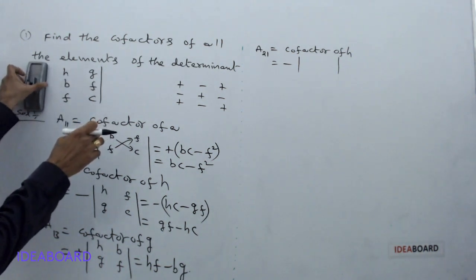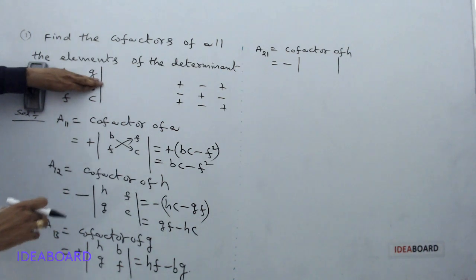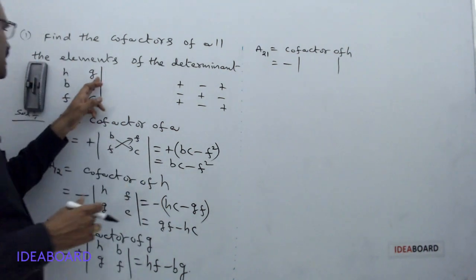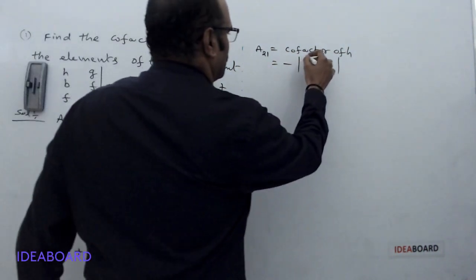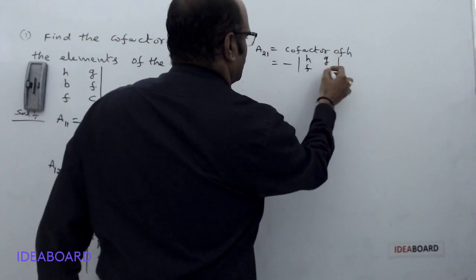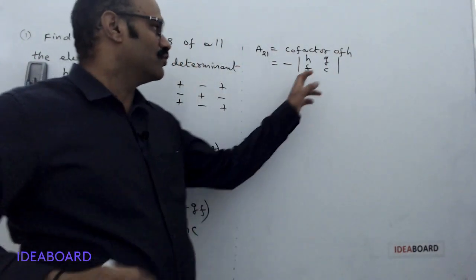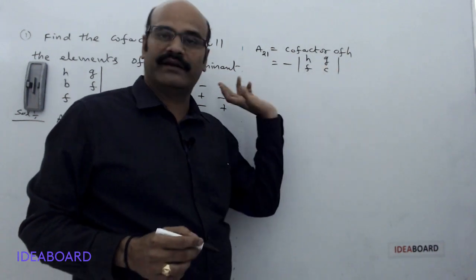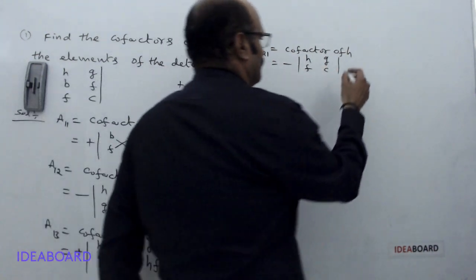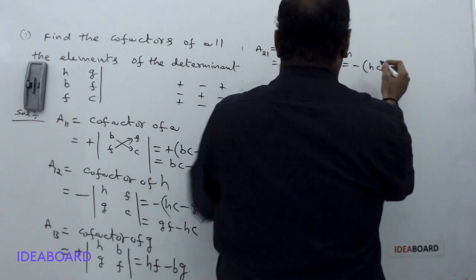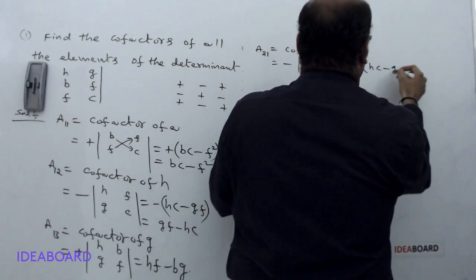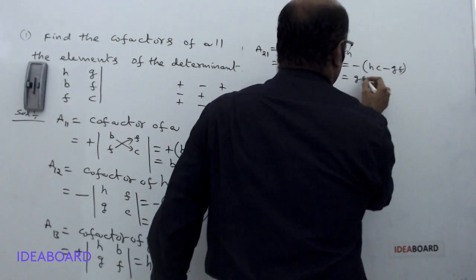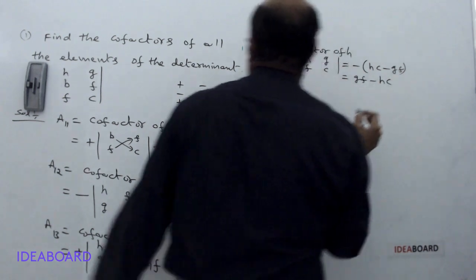So close the first column and second row. So now we have the four elements H, G, F, C. So we know how to find the determinant of 2 by 2 matrix. So minus of HC minus GF equal to GF minus HC.